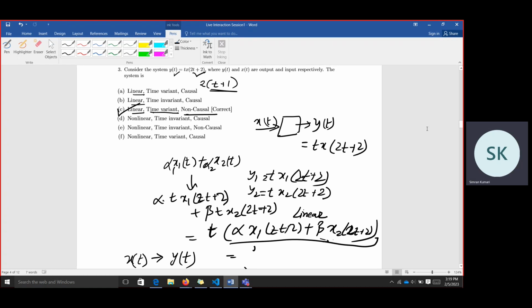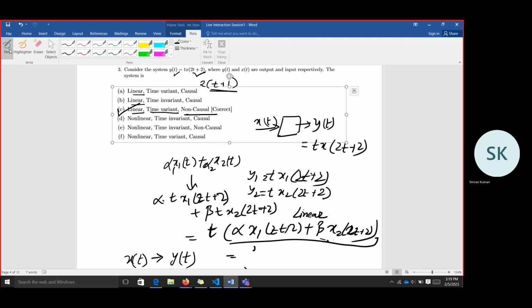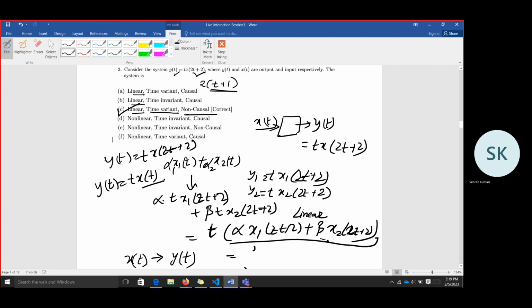Any doubt in this one? Okay, if you see, this y(t) is dependent on t x(2t plus 2), no? So if this is a causal system, this will depend on, suppose, t x(t), something like that.